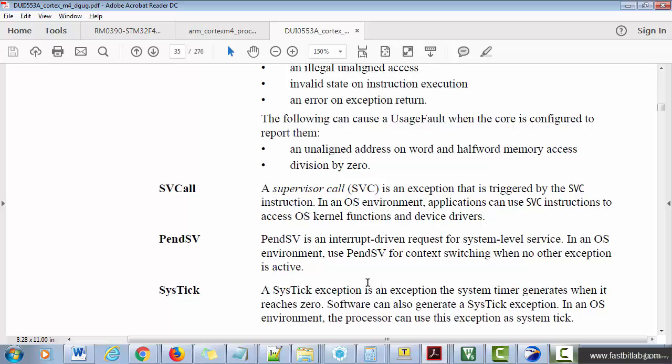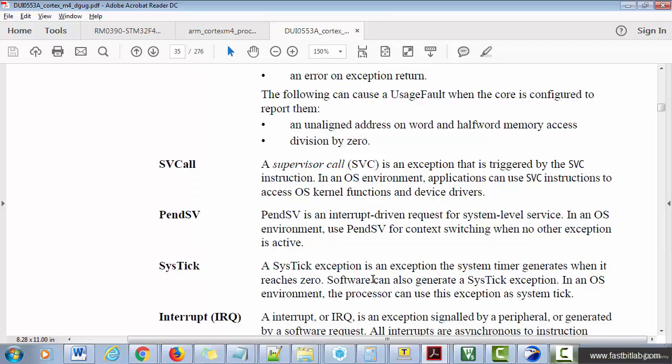You can use it just like any other timer peripheral of the microcontroller. Whenever the counter value of the timer reaches 0, the SysTick timer will generate an exception. In an OS environment, the processor can use this exception as a system tick.